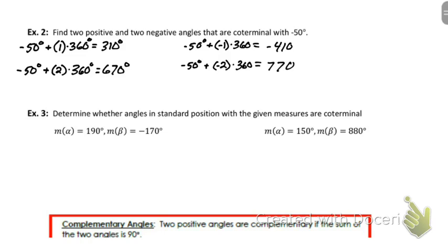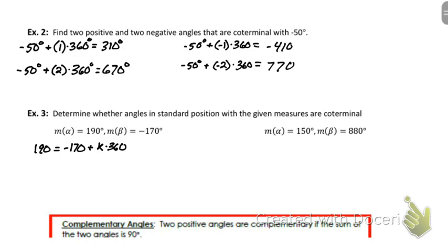I'm going to show you how to use the formula to solve it on this one. I let you do it first because your way usually makes sense. So the formula says that if I have my first angle, it needs to equal my second angle plus k times 360. That k has to turn out to be an integer for them to be coterminal.